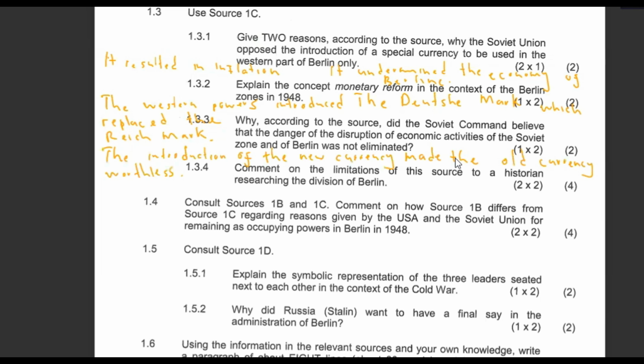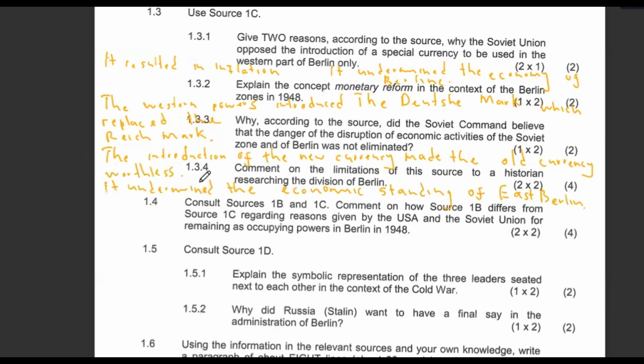In other words, it lost its original value. Then you can also add that it undermined the economic prosperity, or the economic standing, of East Berlin. Those are the two suggested answers for that particular question.